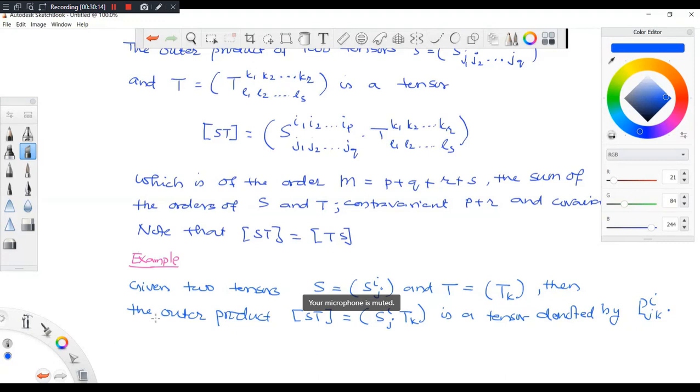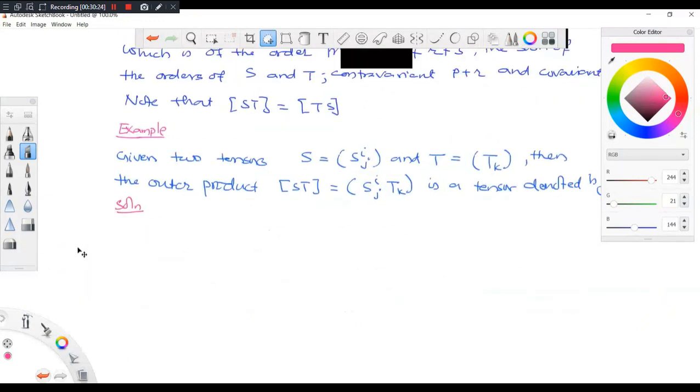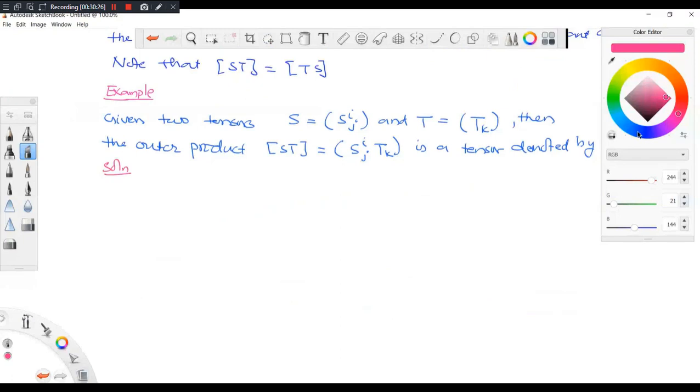Now, how can we show this? You write down the transformation law for these two. Let me write down P bar ijk, which I denote by S bar ij and T bar k. What is the transformation law for this?